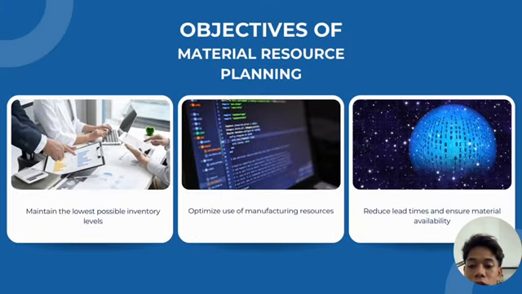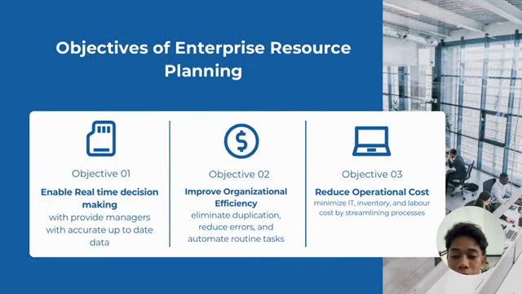Now let's talk about the objectives of MRP first. In this slide, we provide 3 objectives: first, maintain the lowest possible inventory level; second, optimize use of manufacturing resources; and third, reduce lead times and ensure material availability. The next part is the objectives of ERP.